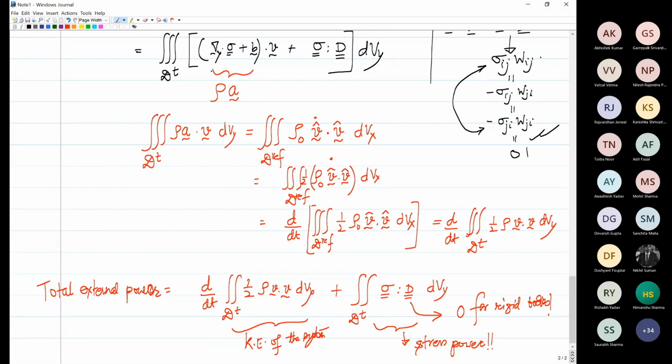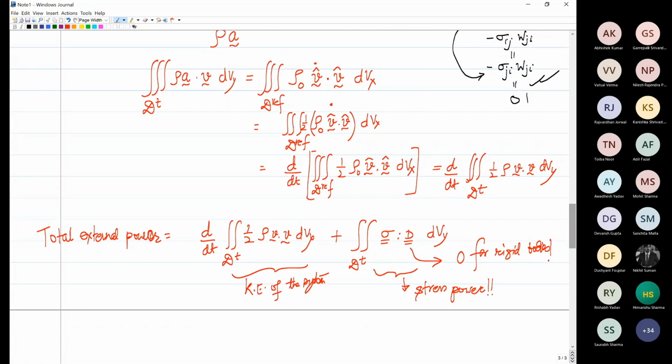And this result is again valid for all kind of deformations, all kind of body, whether it is liquid, solid, fluid, whether you have just elastic deformation, plastic, viscoplastic, dissipative motion going on. For everything, this is going to hold. You just need to have a continuum viewpoint of the body. Okay, now this stress power, it's very useful.